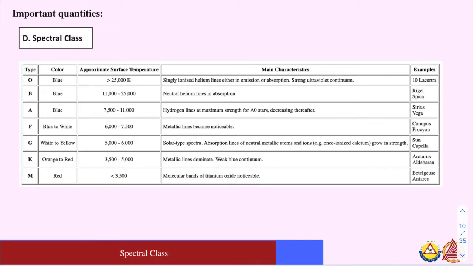So the hotter spectral class nga type mao na imong O. So lantawa ilang color. So blue, blue to white, white to yellow, orange to red, and red. So O ang imong pinaka-hot nga temperature at greater than 25,000 Kelvin, and followed by B, A. So there is actually a mnemonic on how to more like easily familiarize yourself with the spectral class.